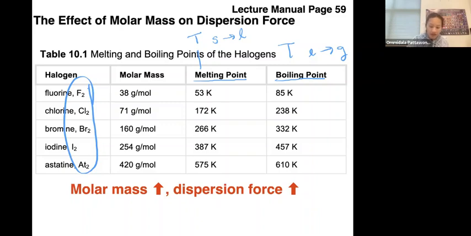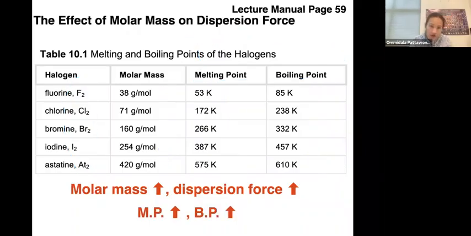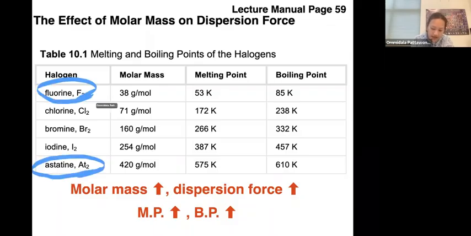So as the molar mass increases, you are going to observe a stronger IMF. And as the molecule exhibits a stronger dispersion force, you are going to observe that the melting point and boiling point are going to be high. Now, if you look at this table and compare astatine and fluorine, you will see that because astatine has a higher molar mass than fluorine, astatine is going to have a stronger dispersion force.